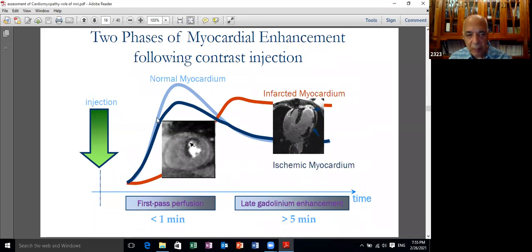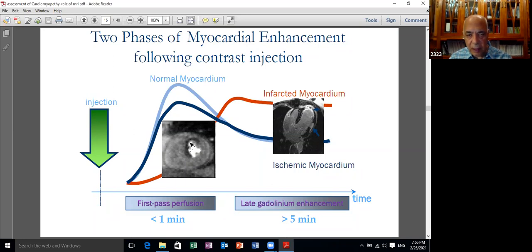So this is the perfusion of the myocardium. This is the gadolinium inside the ventricular cavity. But look at this dark area. This dark area is an area of ischemia, whether the patient is having ischemia at rest, or this is part of an adenosine CMR test, but this is an area of ischemia.